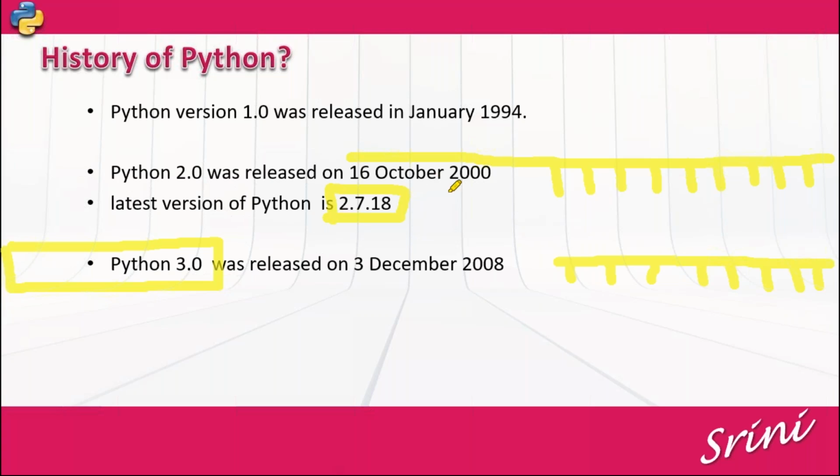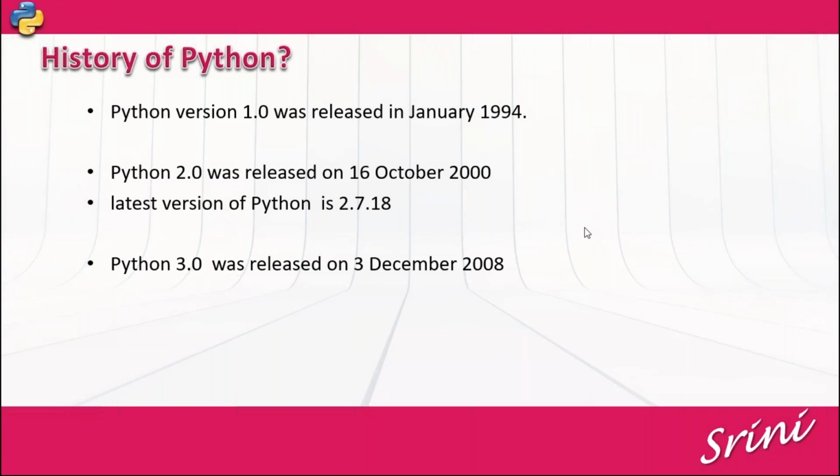Of course, after 2020, they stopped supporting Python 2, because for more than a decade, since 2008, they supported Python 2, so they stopped it. Nowadays, only Python 3 is in use. So we will be working in Python 3 only.